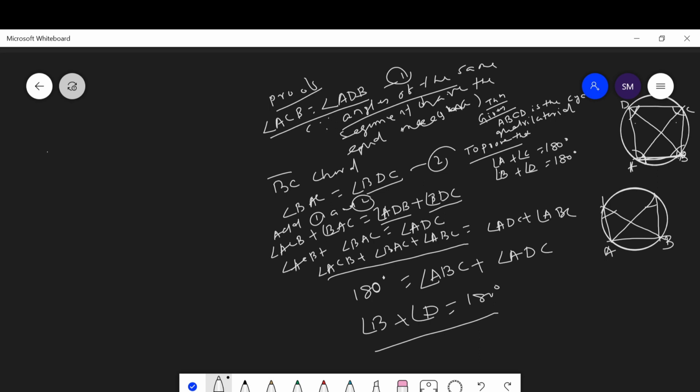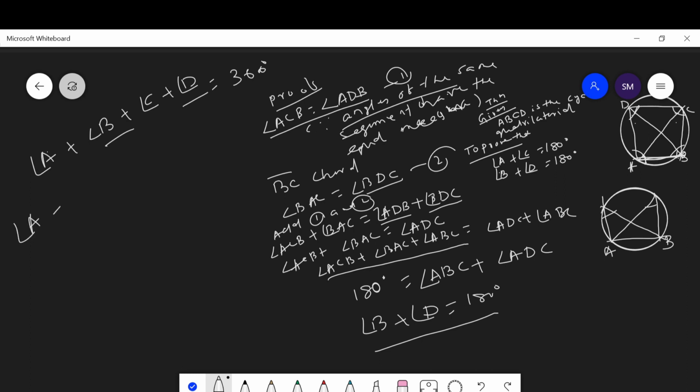Since ABCD is a quadrilateral, angle A plus angle B plus angle C plus angle D is equal to 360 degrees. Here angle B plus angle D is equal to 180 degrees.